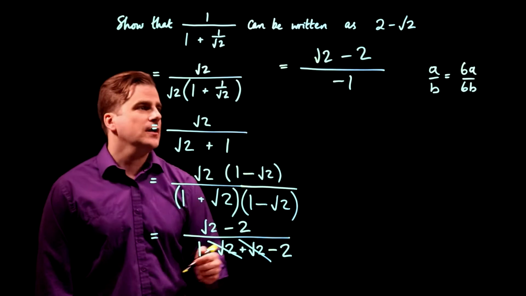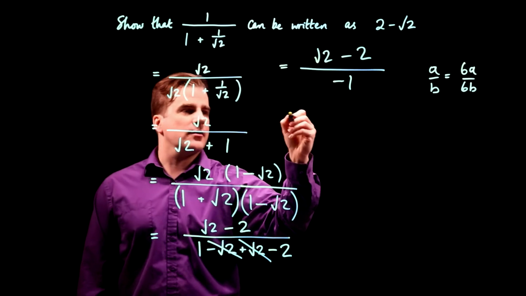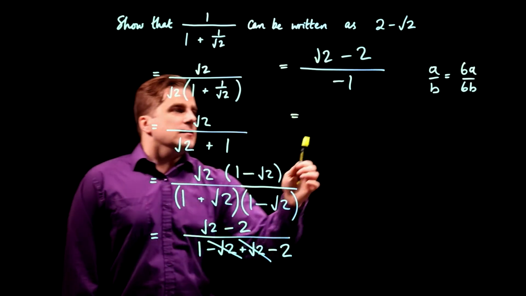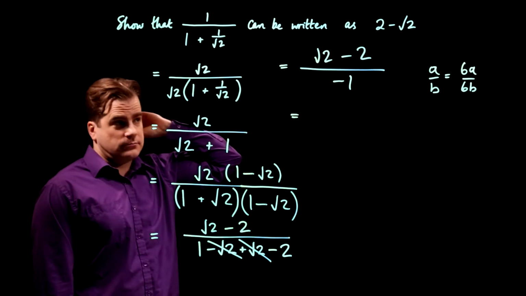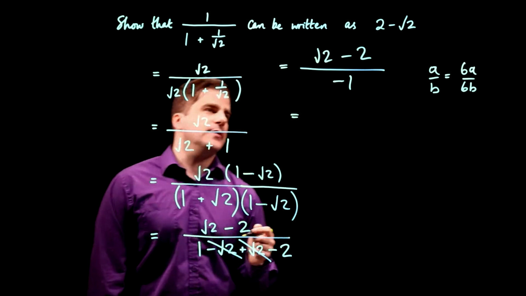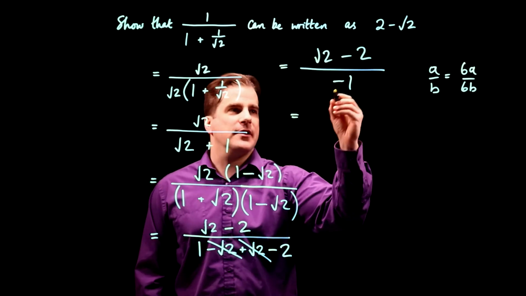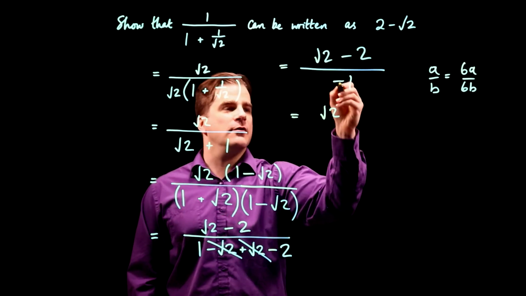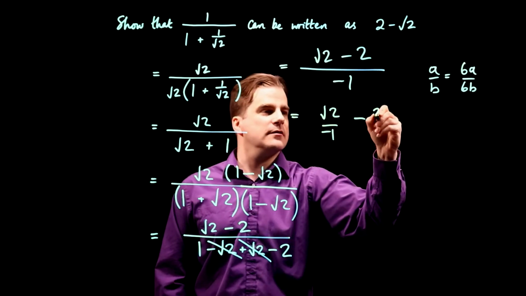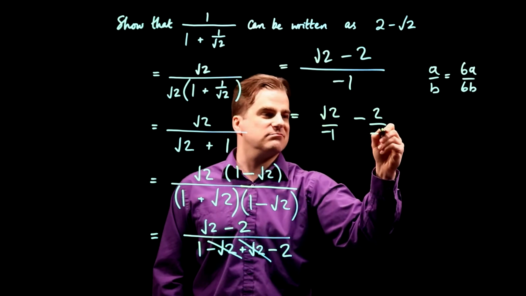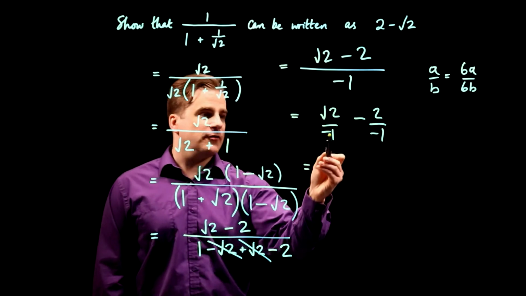Okay, right, we're nearly there. We've got to get it in the form 2 minus root 2. It's over minus 1 at the moment. So, there's lots of ways of looking at this. We can rewrite that as root 2 over minus 1 minus 2 over minus 1, if you like, which is equal to root 2 divided by minus 1.